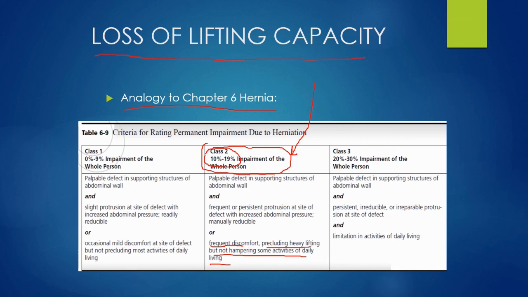If you have an examinee, and I recently had an examinee who regularly lifted up to 100 pounds in his job at the receiving dock at Walmart. This is a guy that dealt with pallets and boxes and awkward and cumbersome items out there on the receiving dock at Walmart, and he was involved in regularly lifting up to 100 pounds.